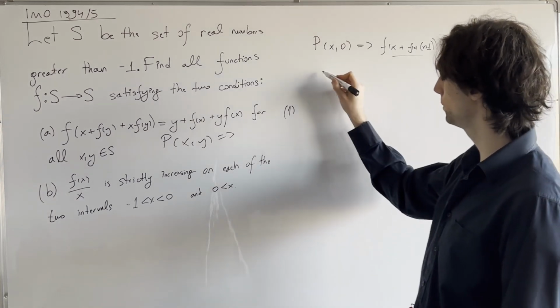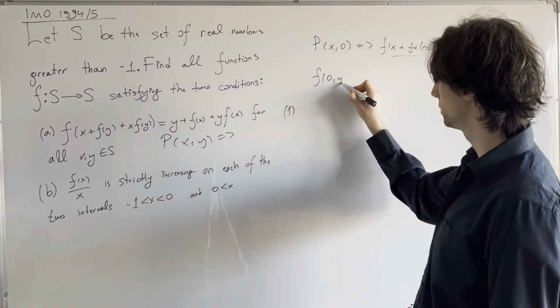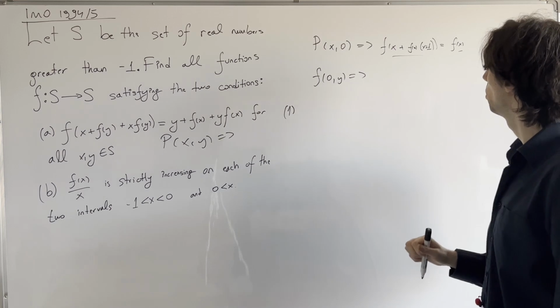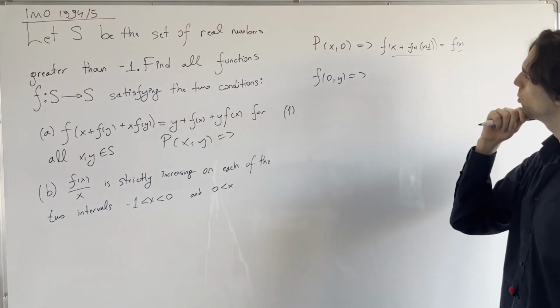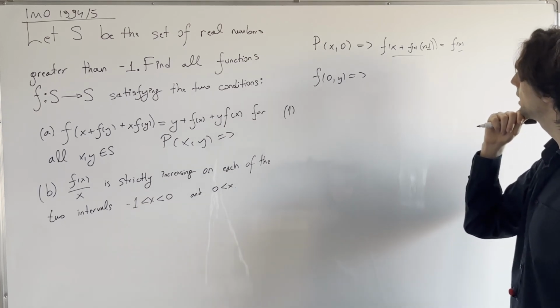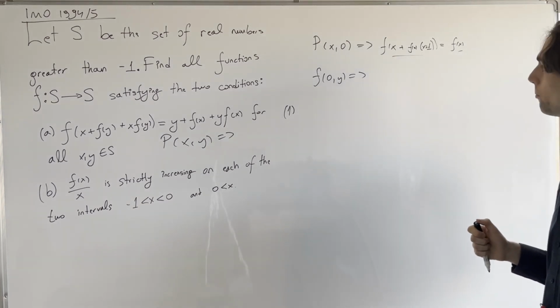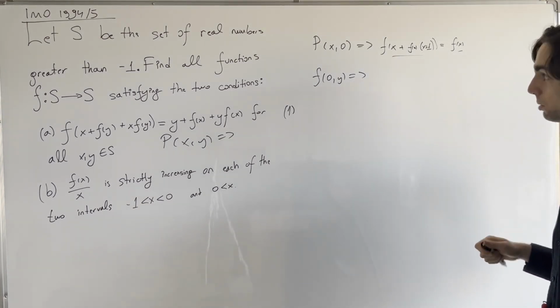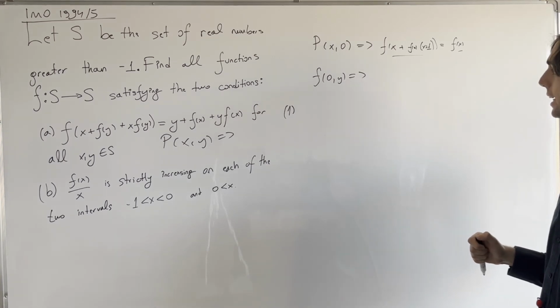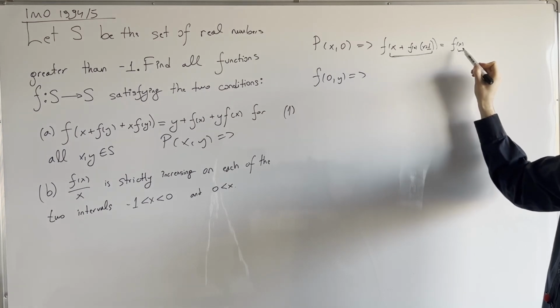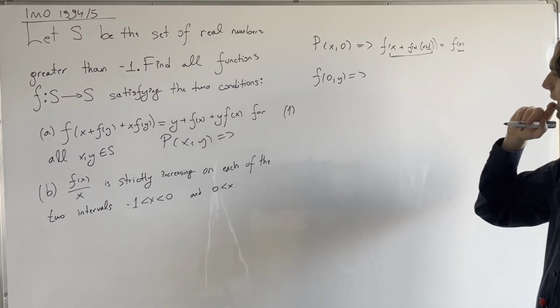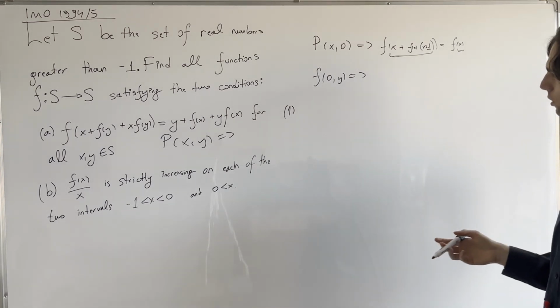Okay, let's see, what else can we do? When we plug in x is 0 and let y hold, that's actually a bit interesting. Does this force f of 0 to be equal to 0 is my question. For example, if it's not equal to 0, if these two are in the same interval, we would get, I believe, maybe a contradiction.